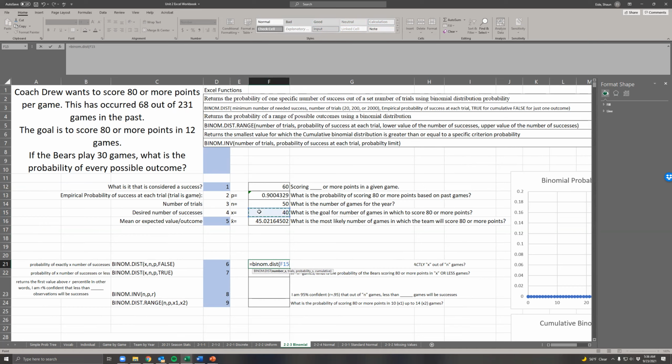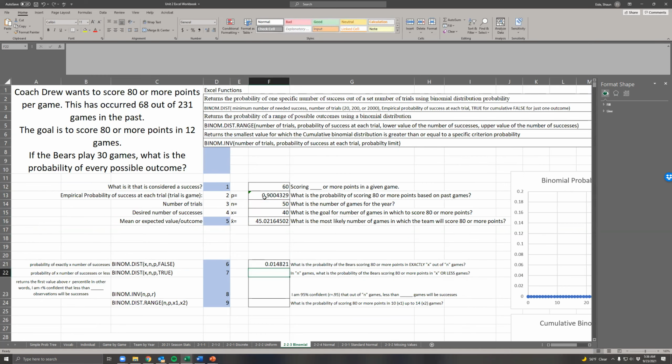The desired number of successes is 40. What is the total number of trials, which is 50, and the probability of success at each trial, which is roughly 0.9. And then when we say false, this says, what is the probability of exactly 40 successes? Of us getting exactly 40 successes out of 50 trials.